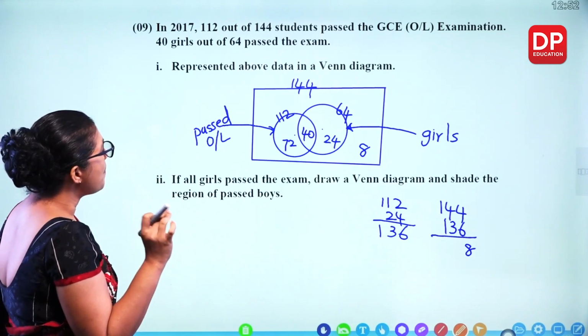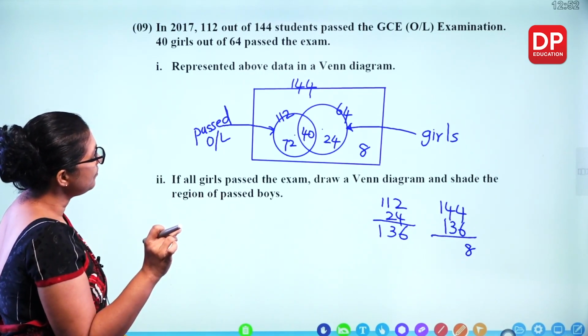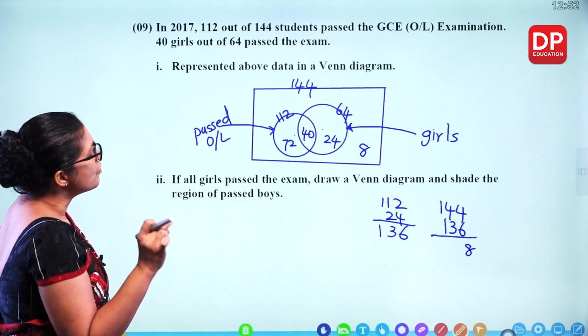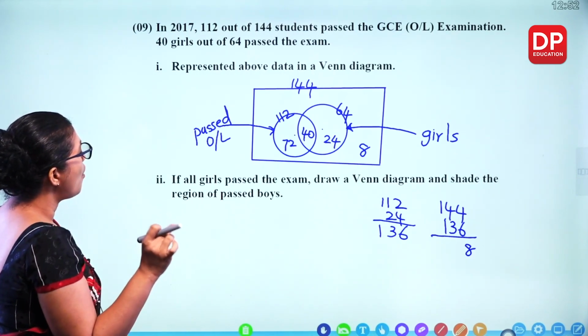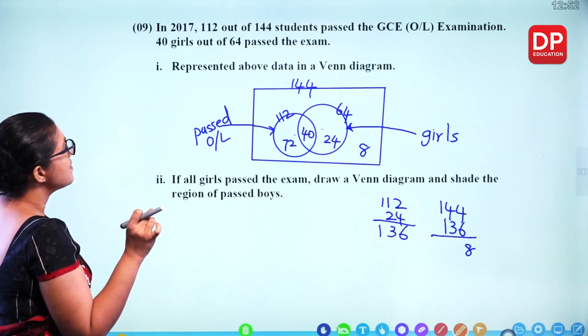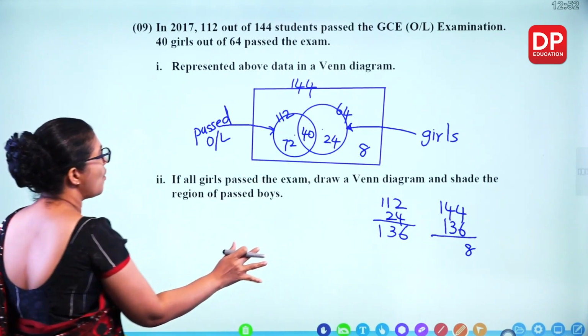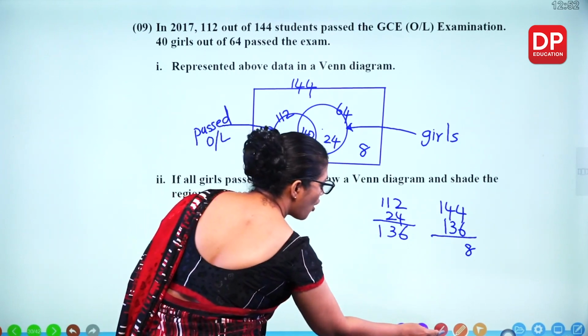If all girls pass the exam, draw a Venn diagram and shade the region of passed boys. So that means now the diagram is different. Then how do you draw the diagram?